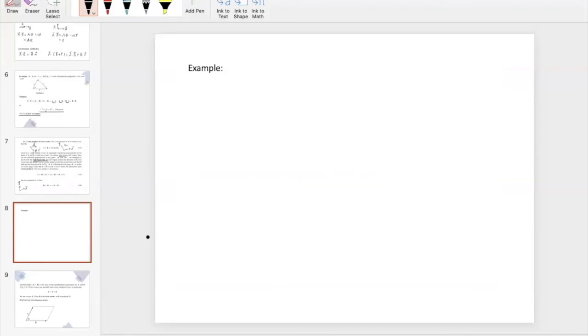Examples. Okay, so here, let's show some examples. Let's say I have a plane of x, y and z, these are the coordinates. Now in the xy plane, I have a vector a and another vector b, they're all in the xy plane.